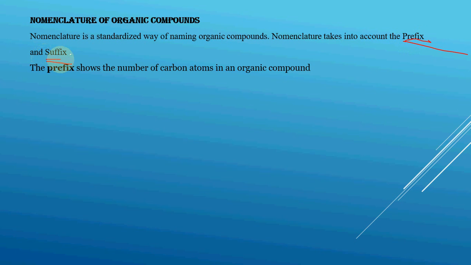Now, what do these two words mean? The prefix, basically, I might not be good at languages, but at least it's the first part of the word of my interest.